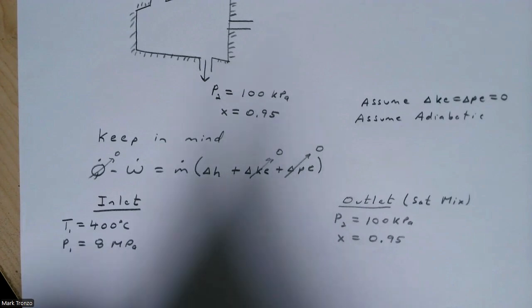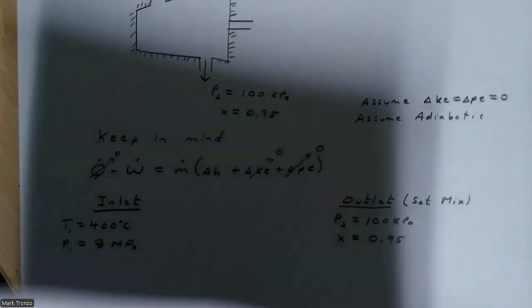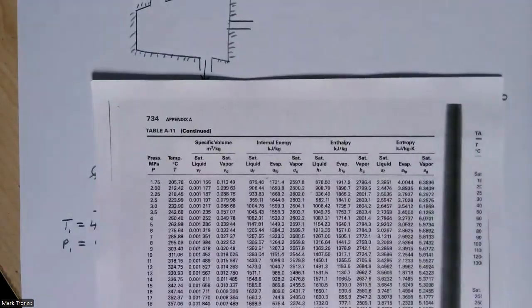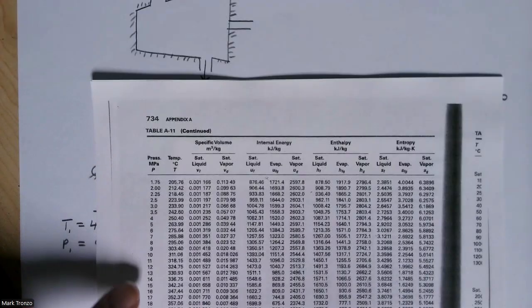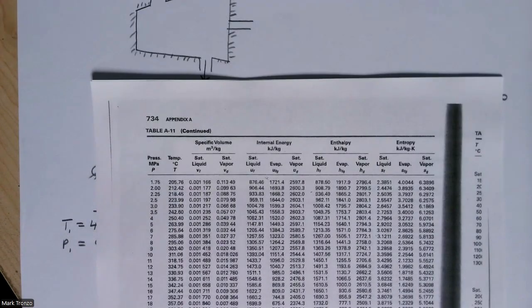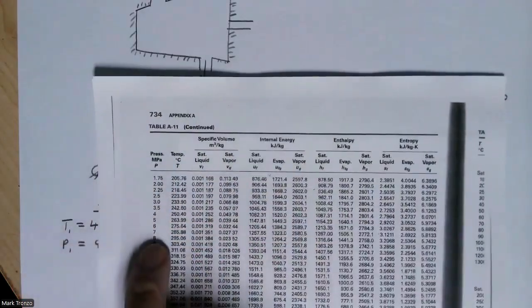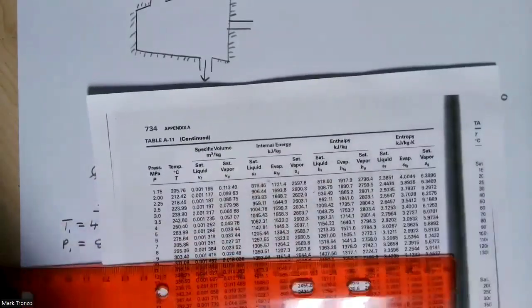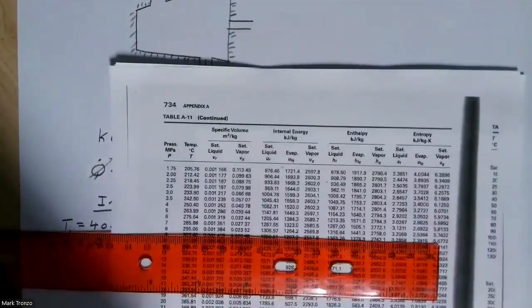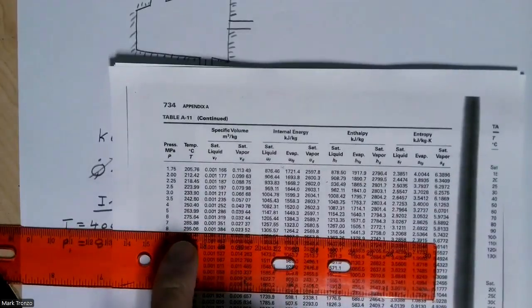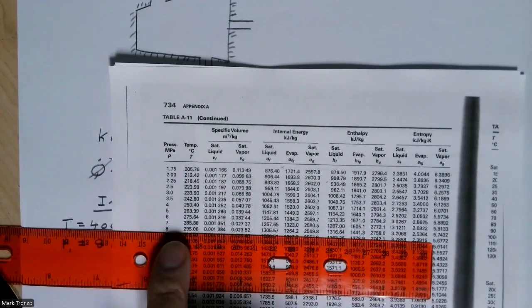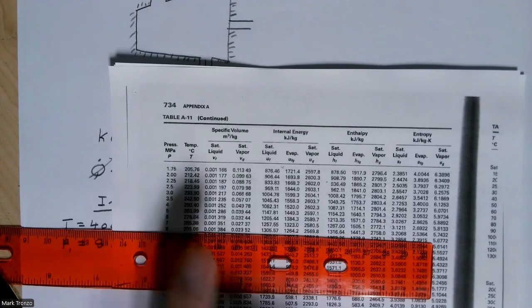And so if you look up, this is in my book, it's A11, the saturated table. At 8 MPa, our inlet, the saturation temperature is 295, but we're hotter than that.